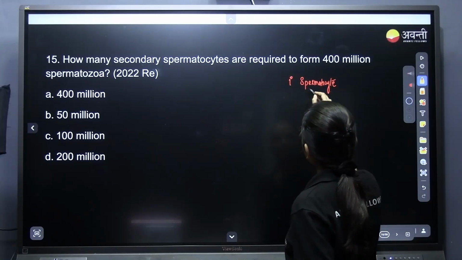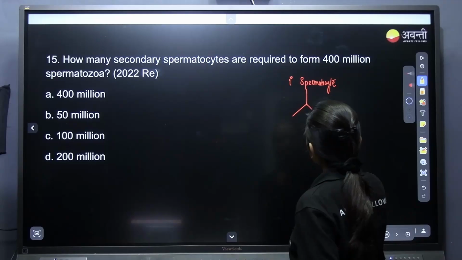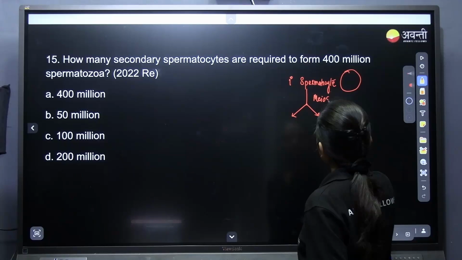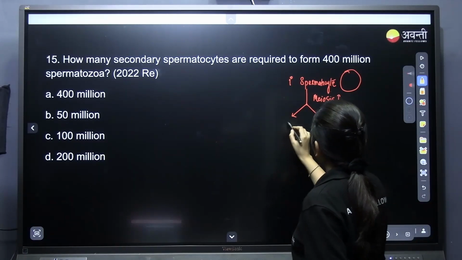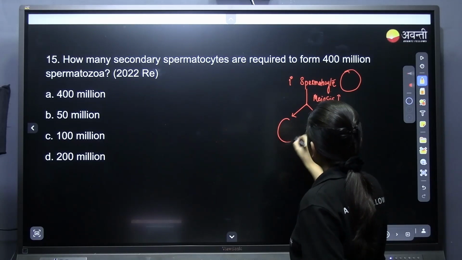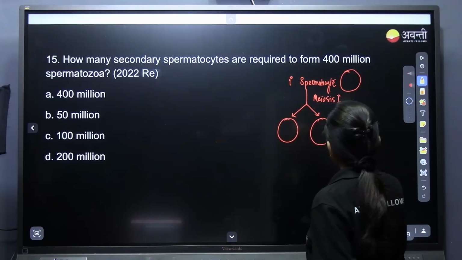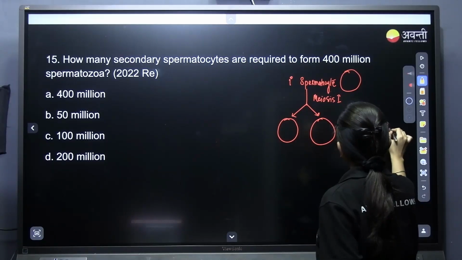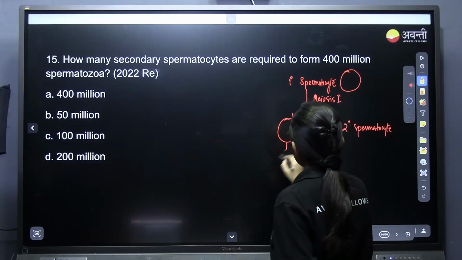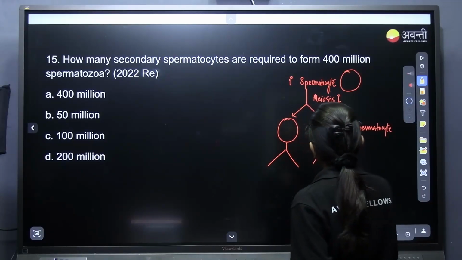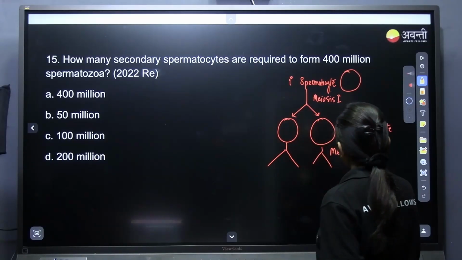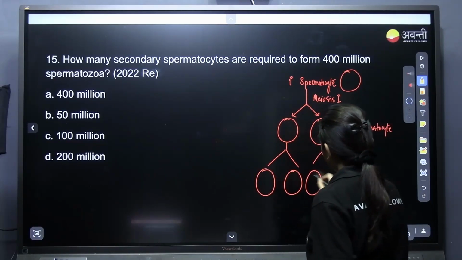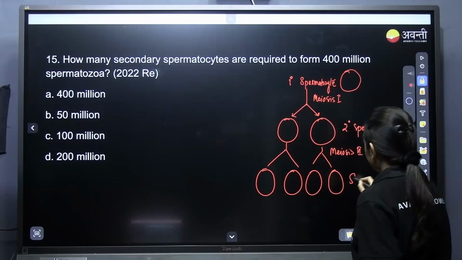Primary spermatocyte, it will be one cell, undergoes meiosis 1 to form secondary spermatocytes. These secondary spermatocytes again undergo meiosis 2 to become 4 spermatids.